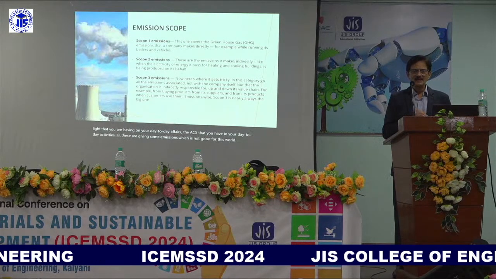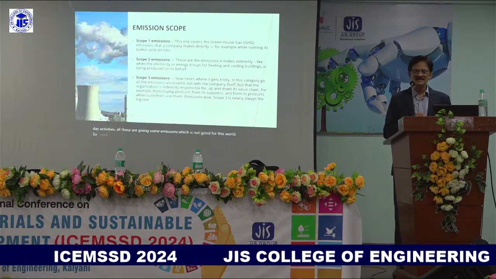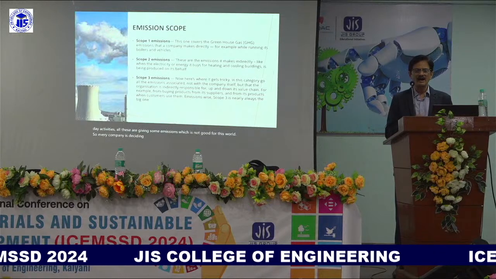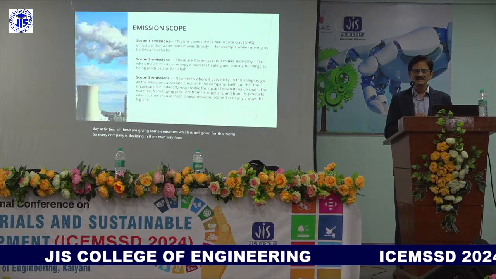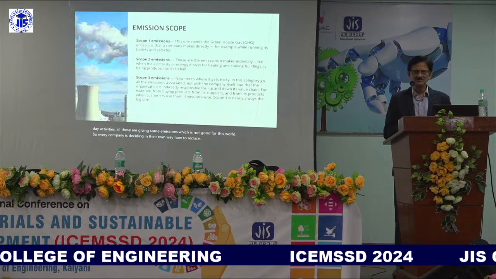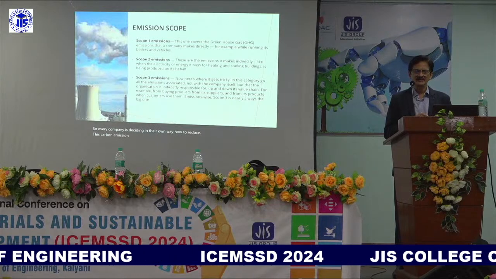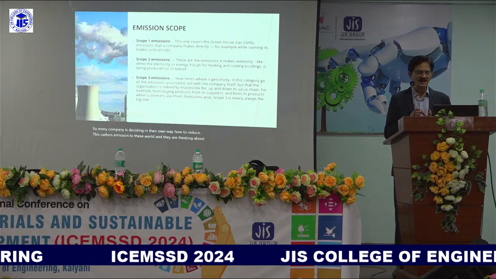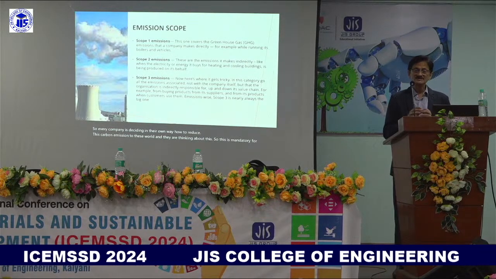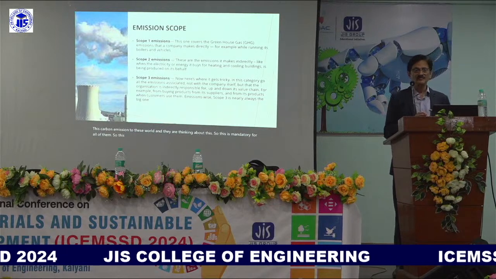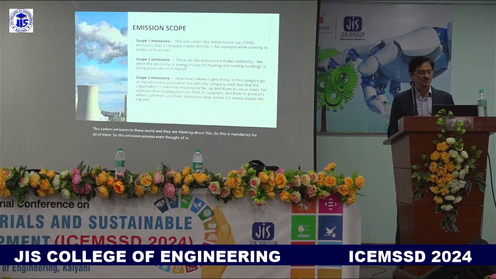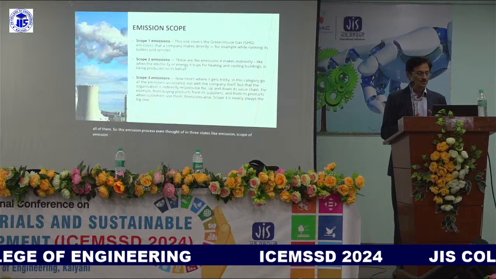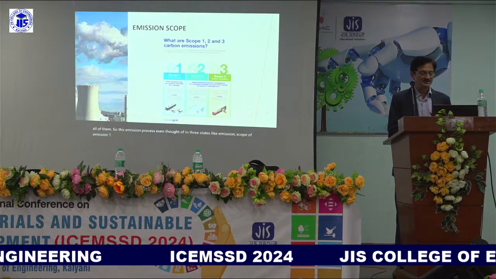So every company is deciding in its own way how to reduce the carbon emissions to this world, and they are thinking about this. So this is mandatory for all of them. This emission process is thought of in 3 stages: scope 1, 2, 3 emissions. I'll show you how things are defined.